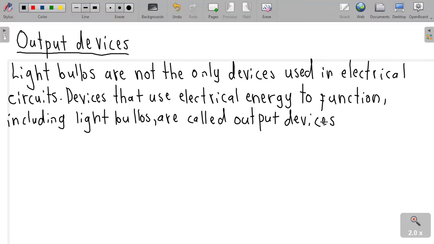So output devices, in short, are devices that use electrical energy.